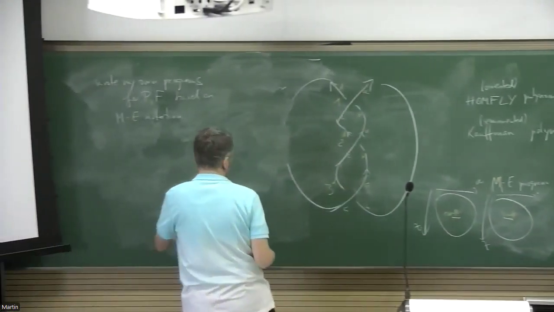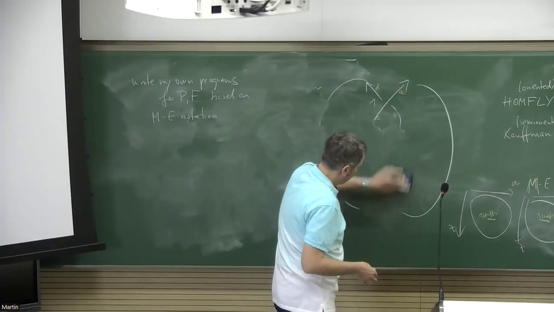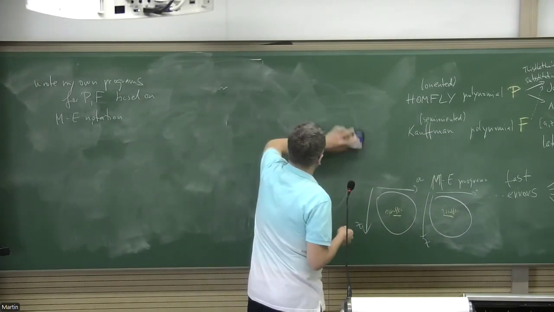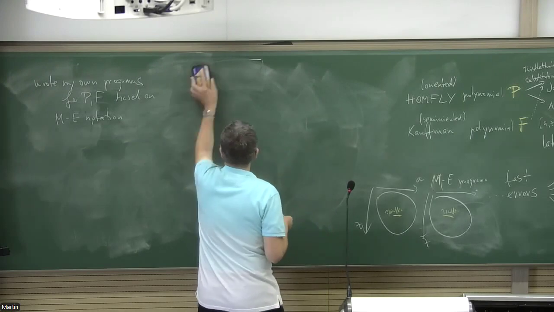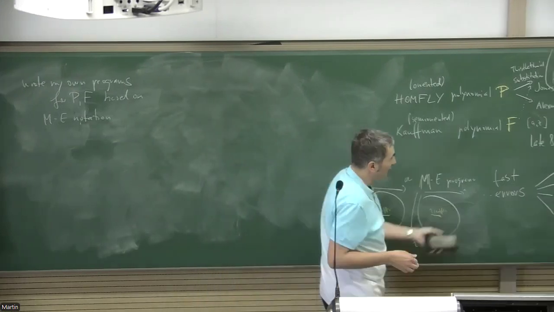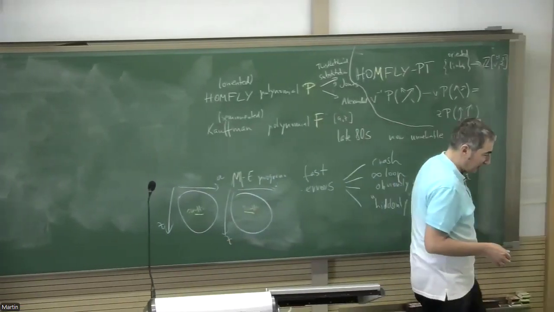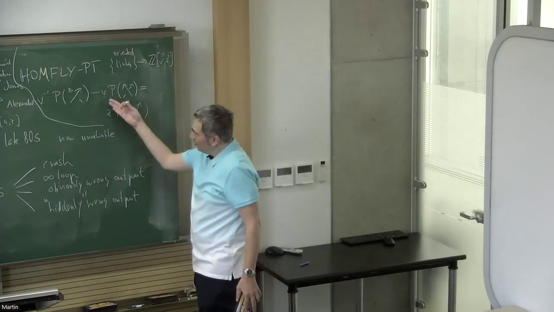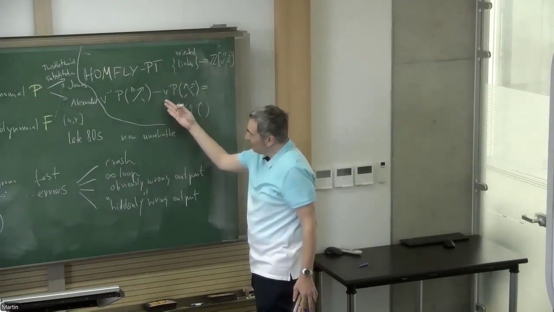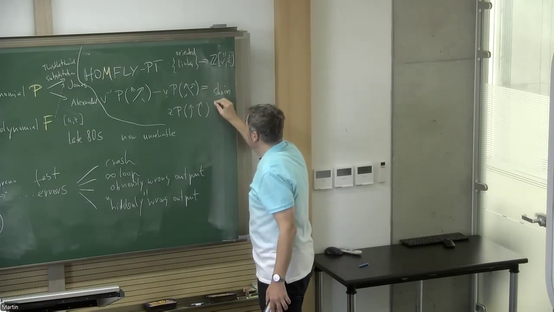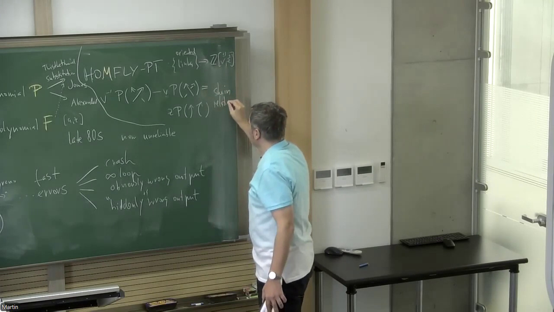So maybe let me just try to give some kind of upshot of the algorithm that they use. And this is the reason why I wanted to keep this here. So this is, to those who do not know, a relation. Okay, this is sometimes called the skein relation. Okay.